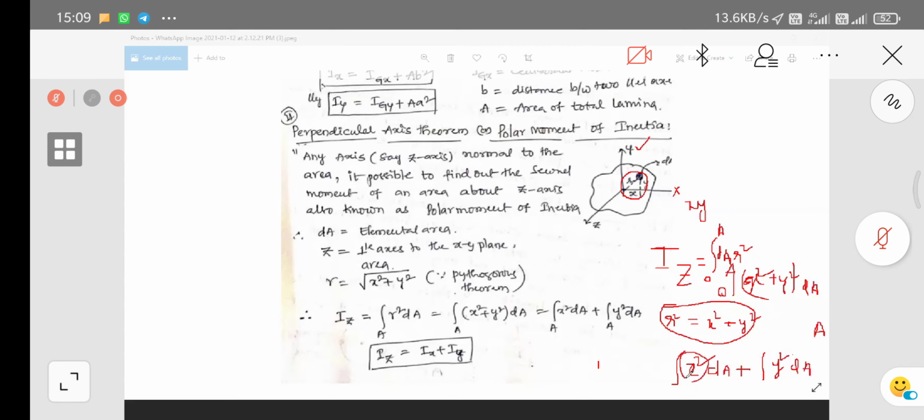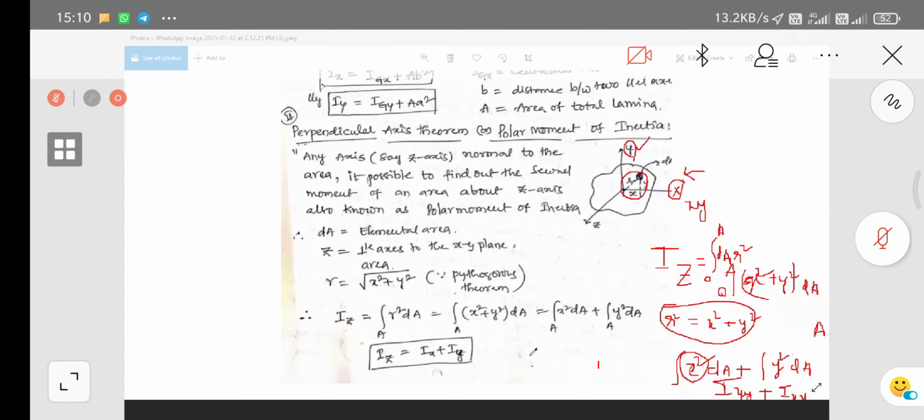Here x is the perpendicular distance with respect to the y axis, and y is the perpendicular distance with respect to the x axis. So x square dA is the second moment, that is the moment of inertia Iyy, and y square dA is Ixx.